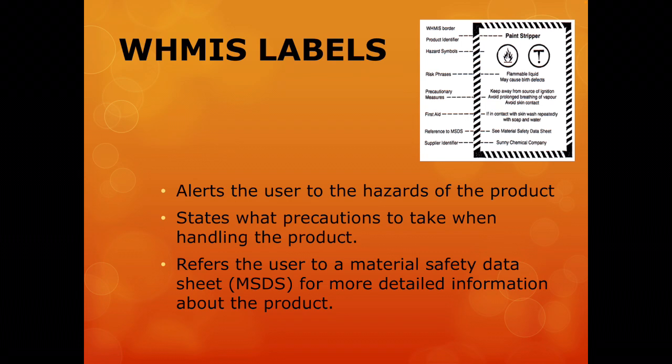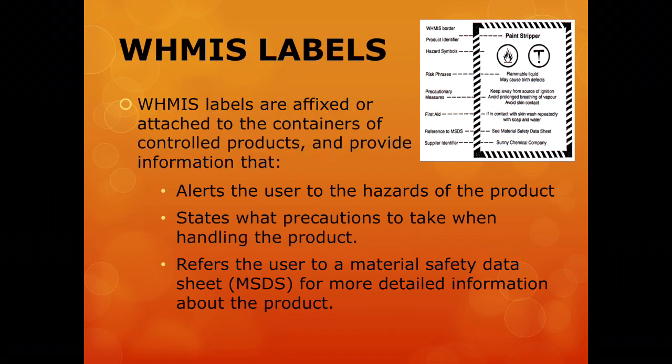Precautionary measures, keep away from a source of ignition, so avoid flames. Measures, avoid prolonged breathing of vapors and avoid contact with skin. First aid, if in contact with skin, wash repeatedly with soap and water. Reference to the MSDS, see material safety data sheet, and then the supplier is listed as well.